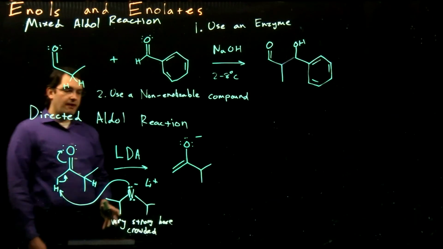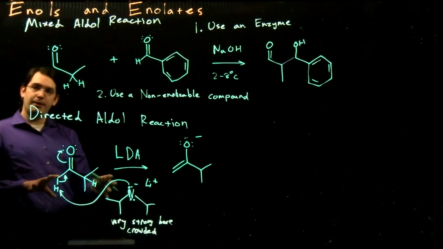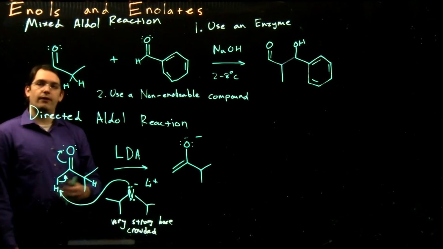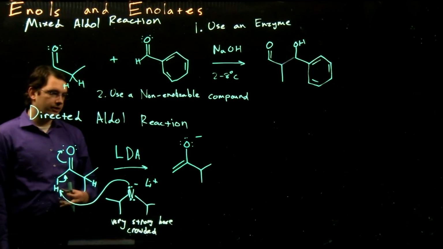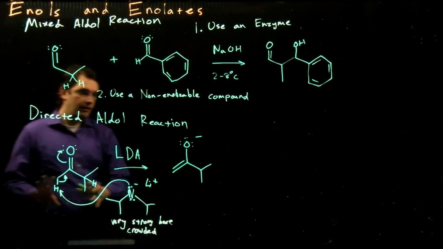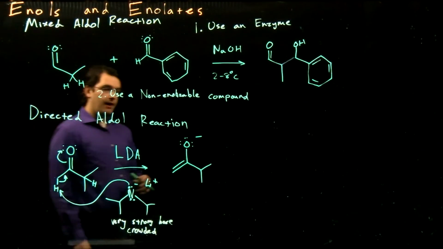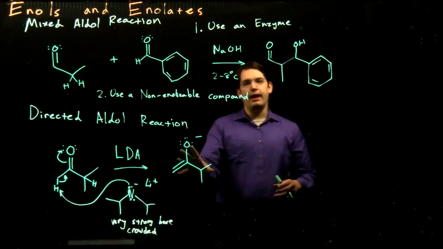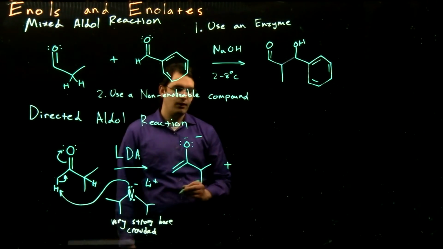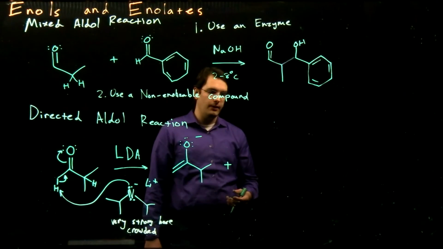And again, because we have a very strong base, this isn't going to be an equilibrium the same way that it was when we added our weaker base with our normal aldol addition reaction. Right? So with the strong base here, we're going to essentially convert all of our ketone to our enolate, and then we can just take this enolate and put it in solution in a second step with our particular carbonyl that we want to react with.